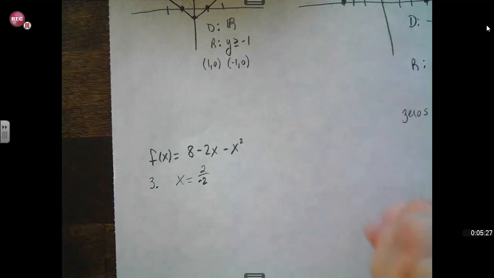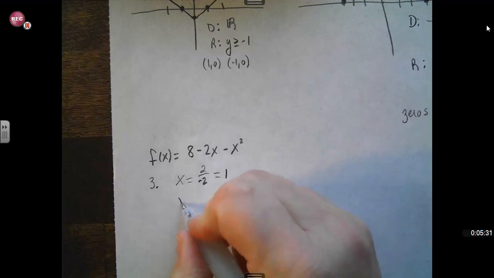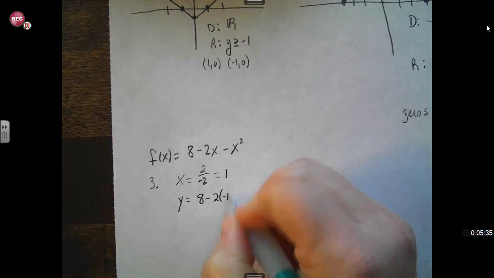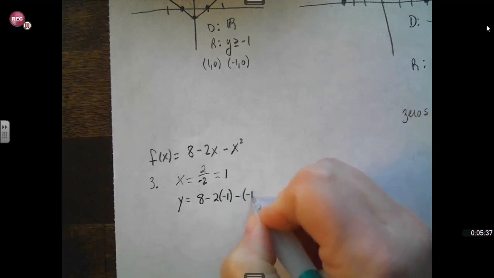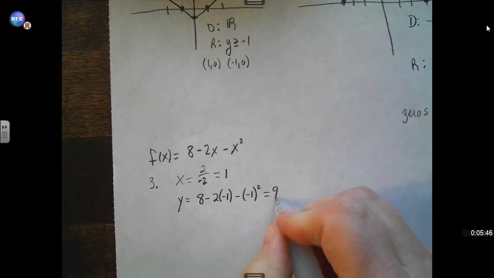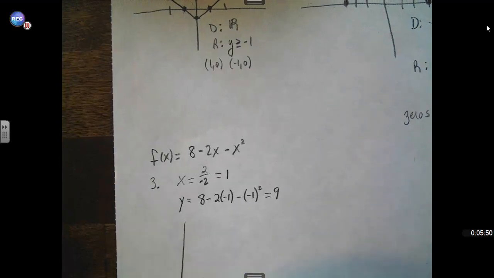So I get -1 for the x coordinate of the vertex. The y-coordinate of the vertex would be 8 minus 2 times -1 minus -1 squared. So that's going to be 8 plus 2 is 10, minus 1 is 9. So my vertex is at (1, 9).